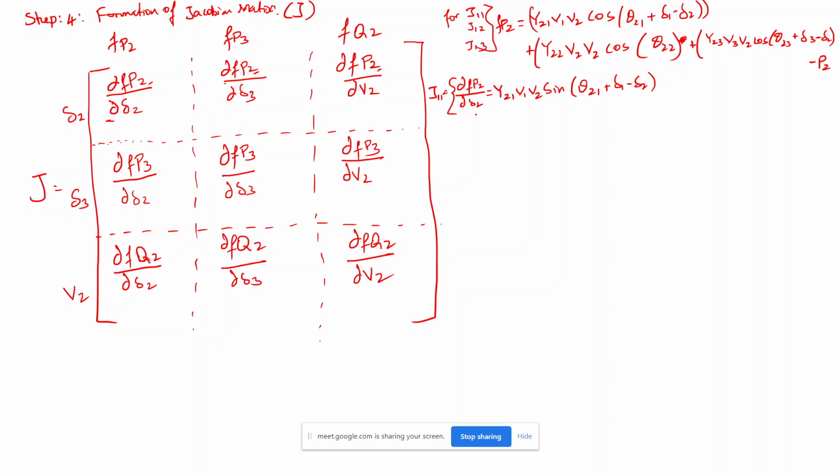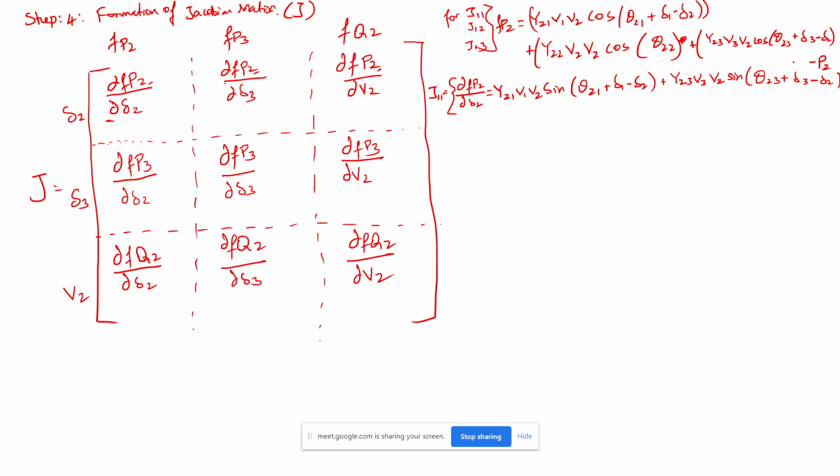And where else is this delta 2 there? Is there any delta 2 in this component? There is no delta 2. Here you can see there is a delta 2, again minus delta 2, and if you differentiate this cos, you will get a minus sign, and already there is a minus here, so it will be plus Y23 V3 V2 sin theta 23 plus del 3 minus del 2.